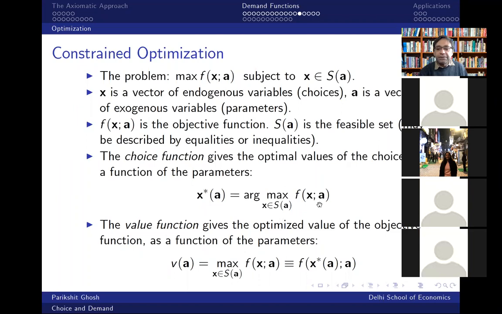Sir, what is the intuition behind the value function? As in, if we have already got a choice function of x, why do we actually need the value function? Why do you actually need to get utility in terms of prices and incomes? Okay. First of all, I'm always free to define it.